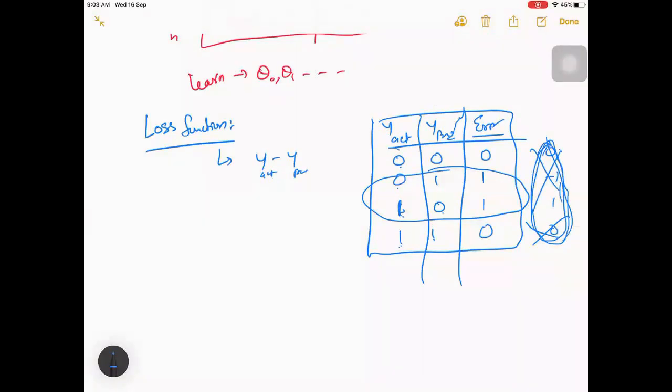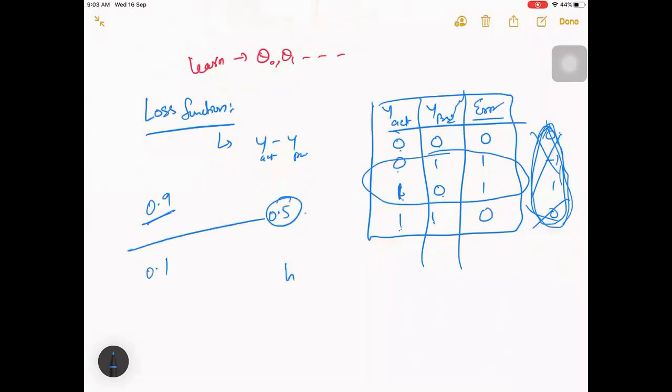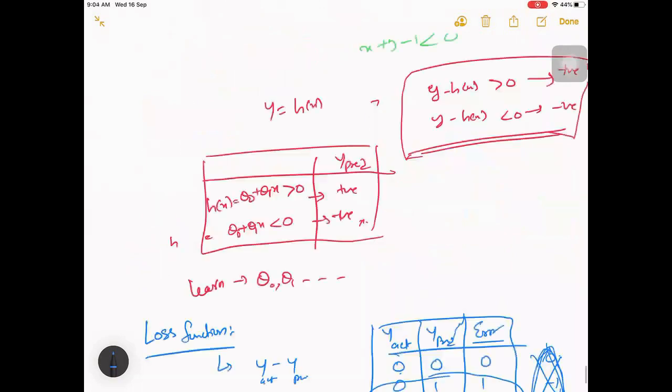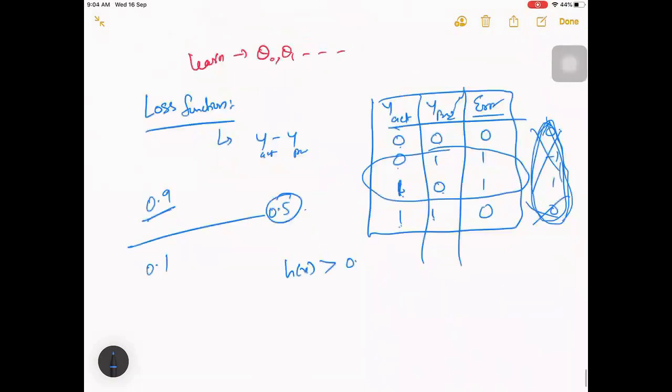So it is probable that he is having cancer with 0.9, and it is probable that he is not having cancer only at 0.1. So you'll finally get something like this, where you'll have a hard stop at 0.5. Instead of 0, if your h is greater than 0.5, you take y prediction as positive.